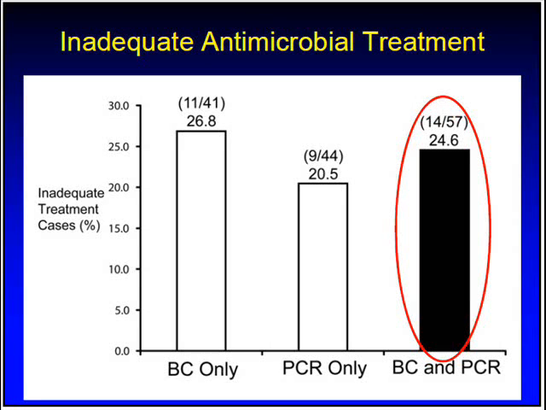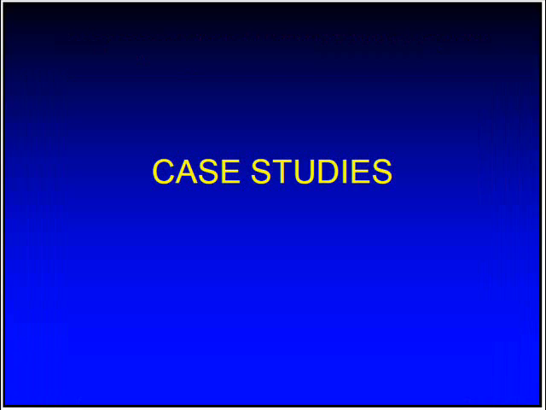Considering the organism detected, the antimicrobial treatment regimen used, the dosage, and the class of drug used, we found that 25% of our patient population with a PCR or blood culture positive result had received inadequate antimicrobial treatment in the first 24 hours following sample collection. We hypothesized that early and rapid identification of the causative pathogen could accelerate early targeted therapy.